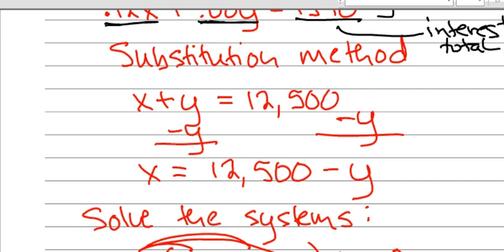So I'm going to take my first equation, X plus Y equals 12,500, and I'm going to solve for X. I want X on one side and everything on the other. So I'm going to subtract Y from both sides. This is going to cancel, and I'm going to get X equals 12,500 minus Y. So this is what I'm going to substitute back in.